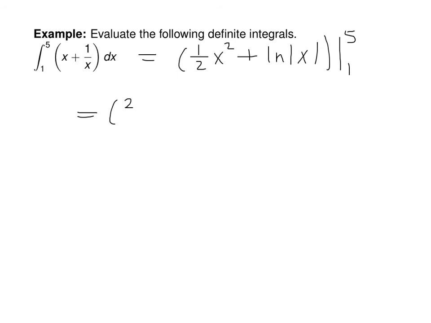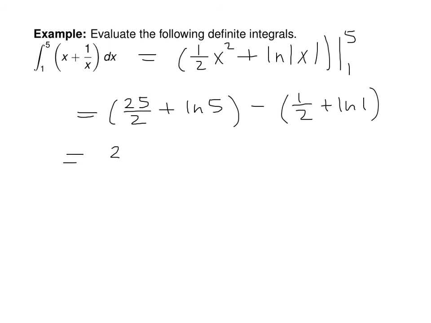We get 25 over 2 plus ln of 5 minus 1/2 plus ln of 1. Okay, so that's 24 over 2 plus ln of 5. ln of 1 is 0, or 12 plus ln 5.